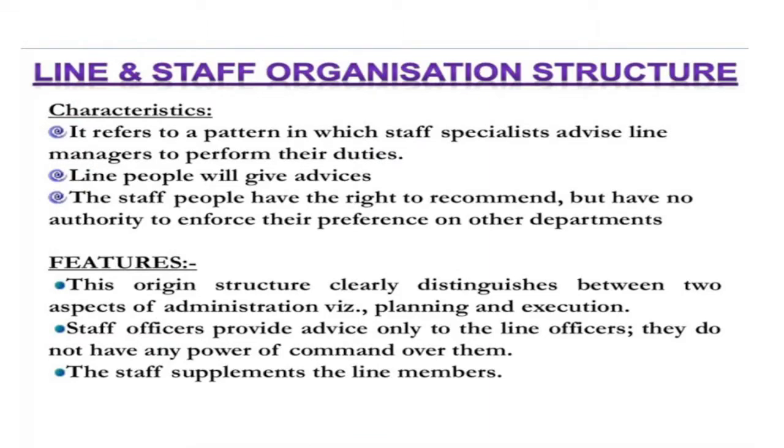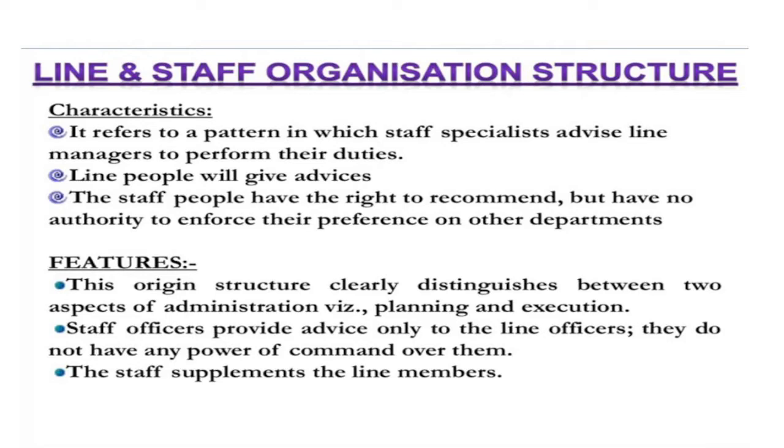Then coming to the line and staff organizational structures. We have already discussed the line, and now we will also understand the staff. Characteristics: it refers to patterns in which staff specialists advise line managers to perform their duties.